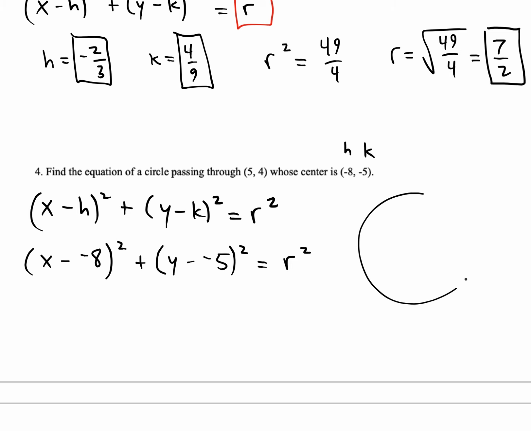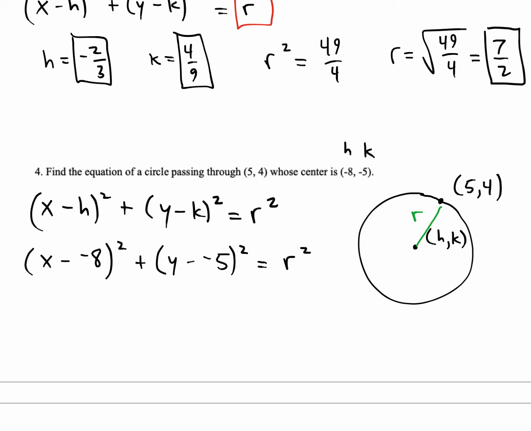So if you have a center (h, k), and there's a point that the circle touches, (5, 4), then we ought to be able to find the distance between those two points using the distance formula.